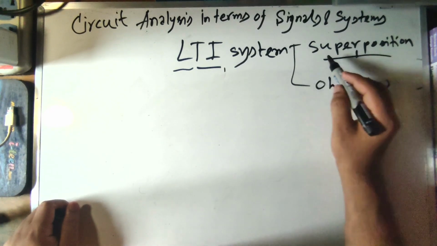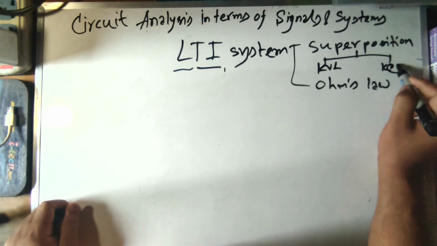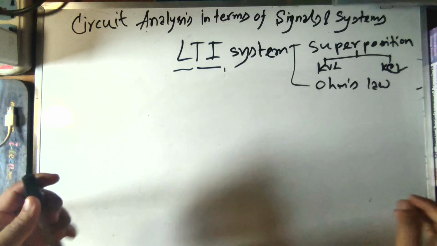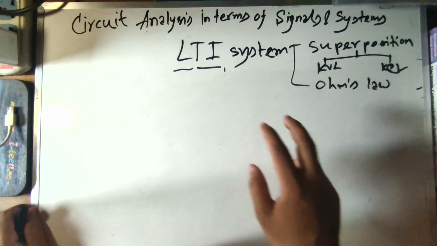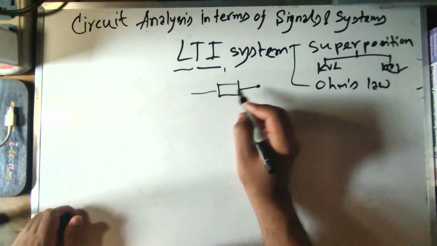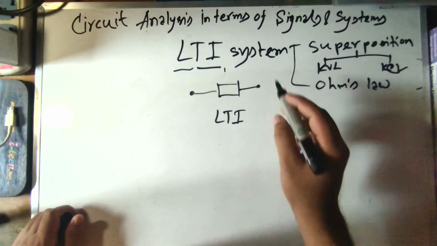Because of superposition we can apply KVL and KCL, and Ohm's law gives the linear relationship between the input and output of the branch. This is an LTI element.